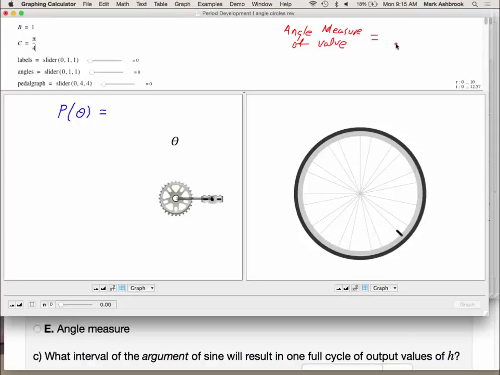And if you flip to the next page, the point of that table is then to answer part B. So for any theta that's swept out by the pedal, how would you describe the angle measure of the tire valve in terms of theta?